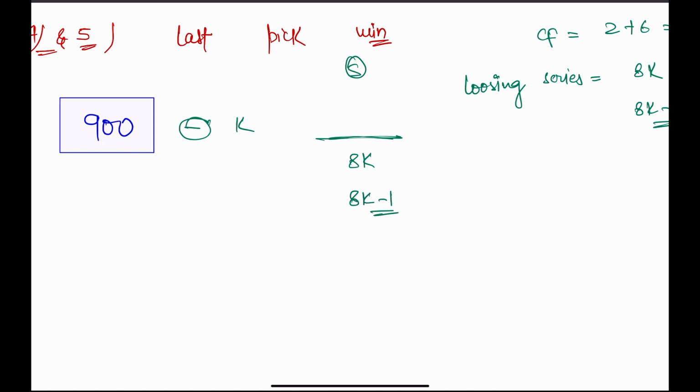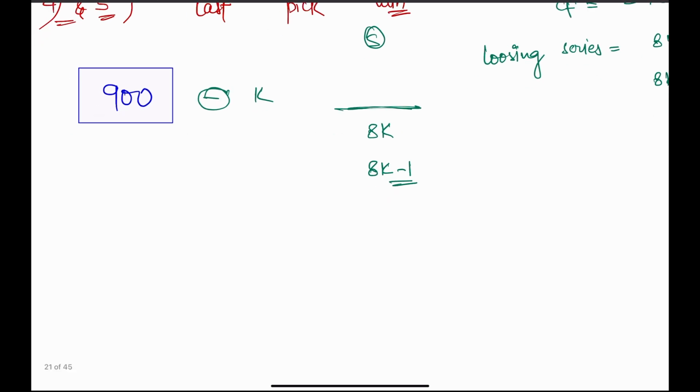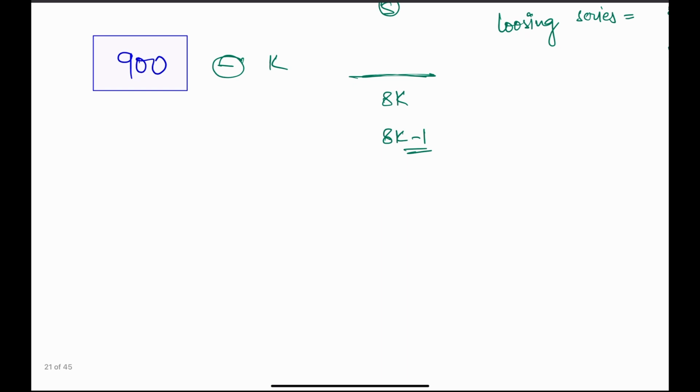So let's find the nearest value to 900 which is in the form of 8k. So 800 is 100, then 80 is 10. After 80 is done, what is left? 20. So 20 is 2, 16, 112. So k is 112.